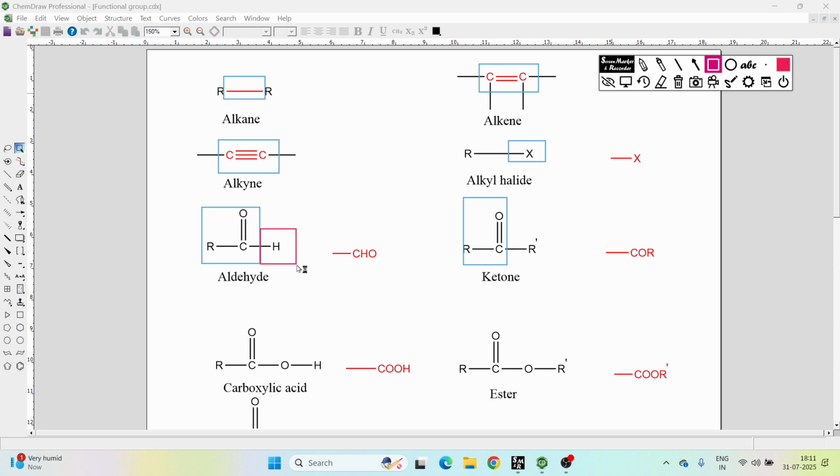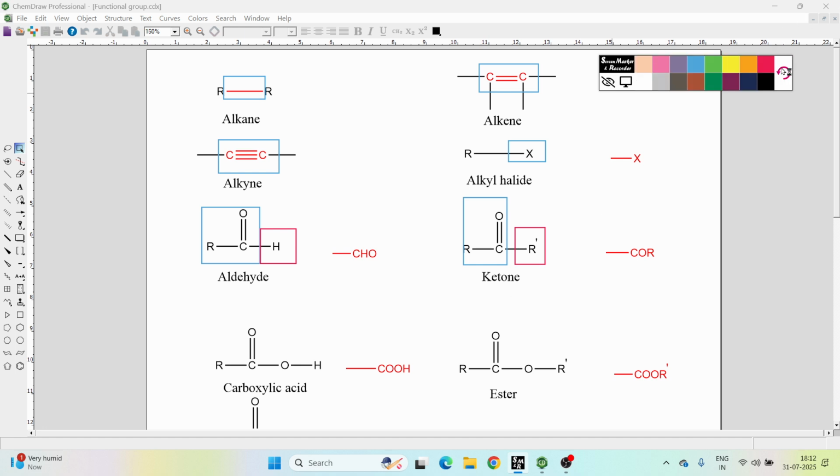We have a hydrogen atom in the case of an aldehyde, and an alkyl group in the case of a ketone. That is the difference. For an aldehyde, we have a hydrogen atom attached to the carbonyl group, and on the other side an alkyl group, but for a ketone both the groups attached to the carbonyl group are alkyl groups.